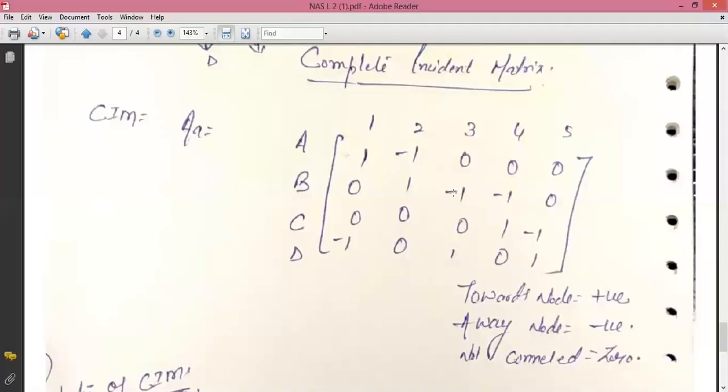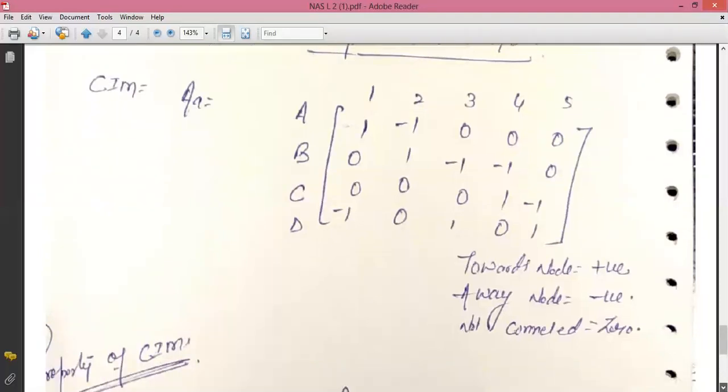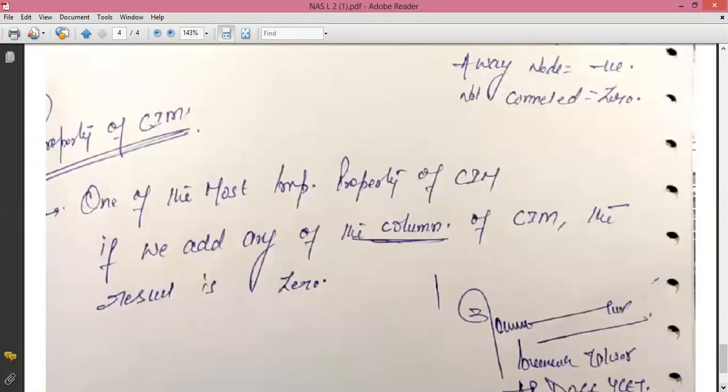So this is all for today's lecture, on how a circuit can be converted into a graph. When you convert a circuit into a graph, you can get an ordinary graph or an oriented graph. If the direction of the current is not mentioned, it is called an ordinary graph. And if the direction of the current is mentioned, it is called an oriented graph.